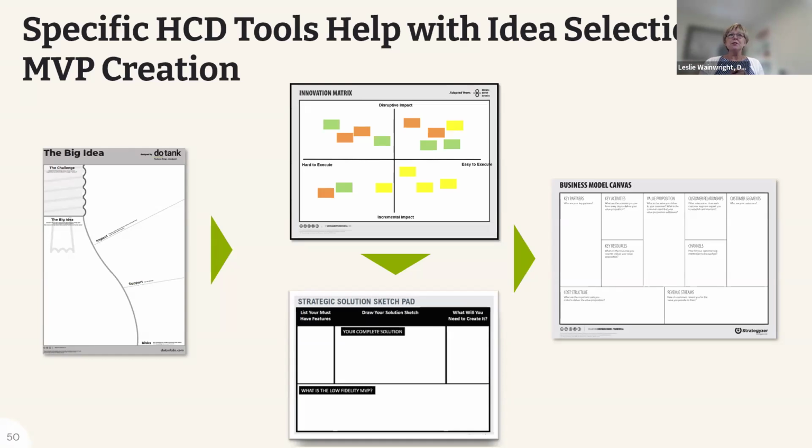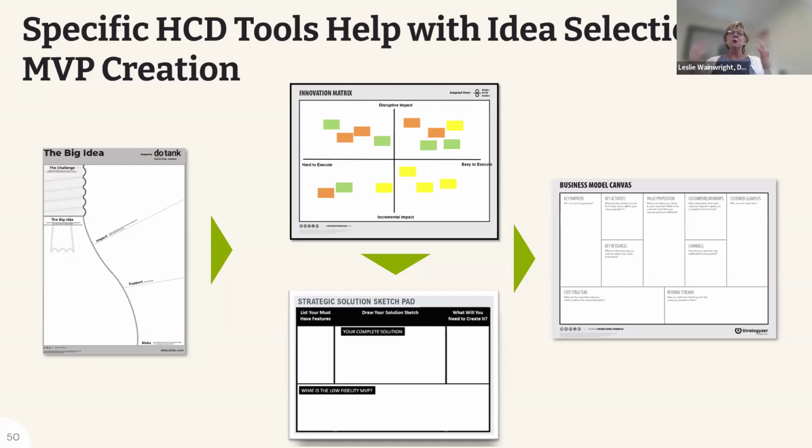You also need to do some sketching, again, for what that ultimate solution looks like. And again, what's that first low fidelity MVP? And that's what our solution sketch really helps with. And then finally, you have the business model canvas, which is the tool that Matt mentioned. And this is where the rubber really hits the road, because not every idea has a viable way with which it can become something real.